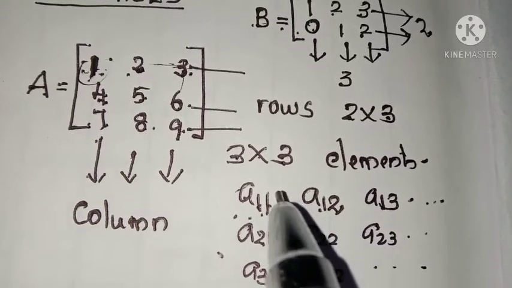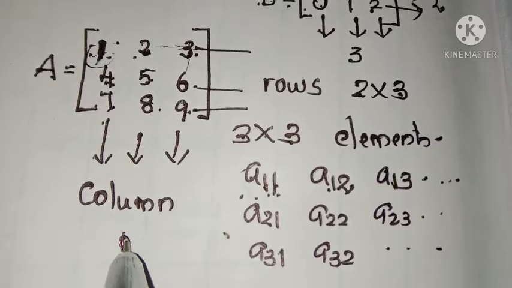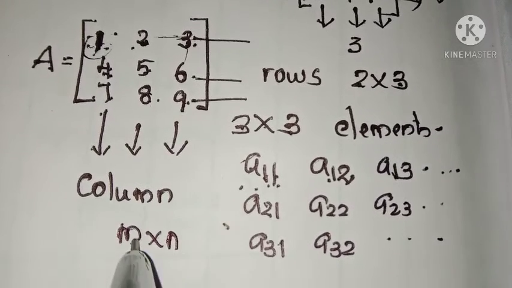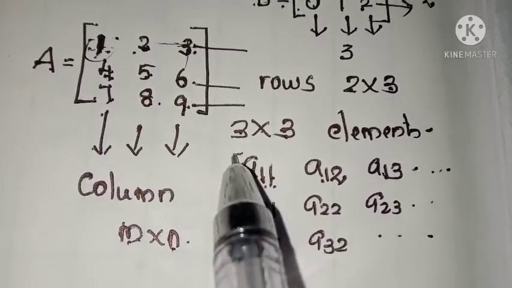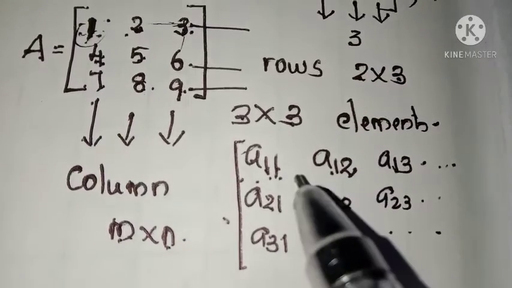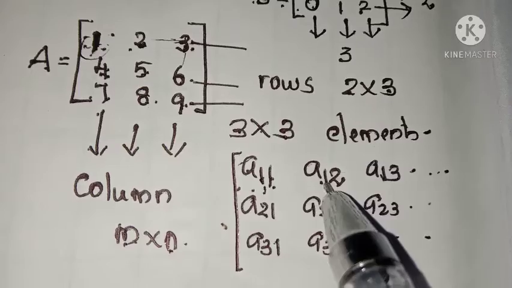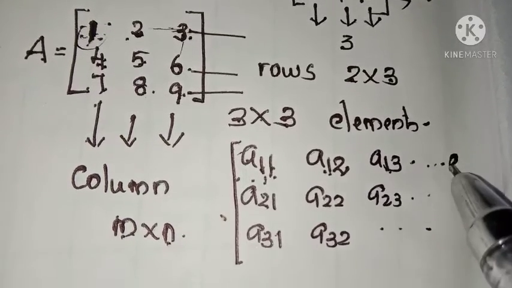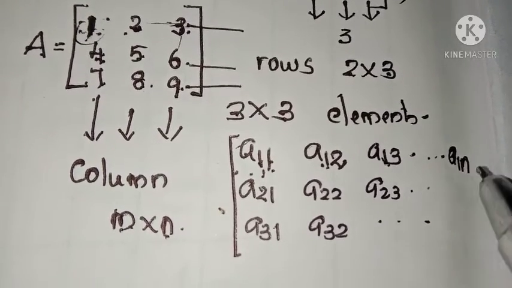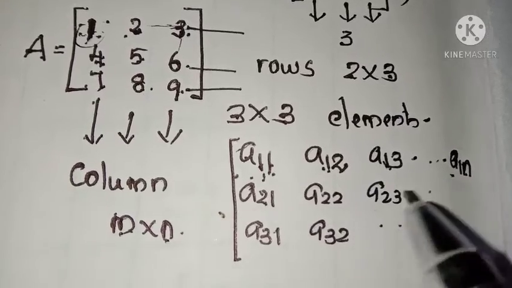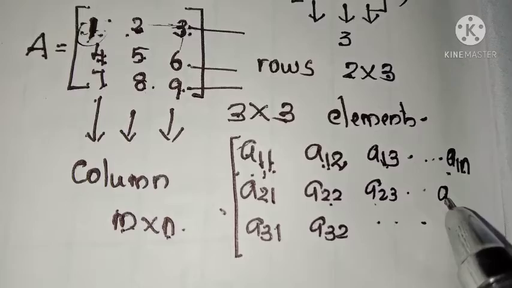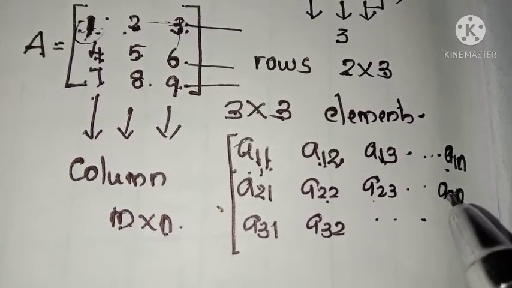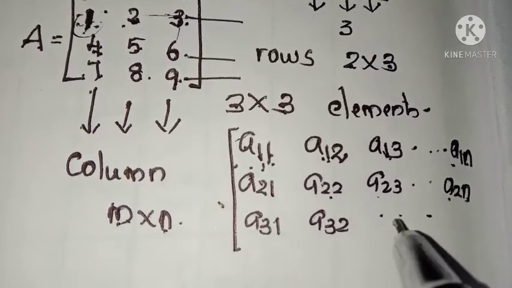Suppose we have a matrix of order m by n. m by n means m rows and n columns. So we can write the elements in general form as A11, A12, A13, etc., A1n, first row, nth column. A21, A22, A23, etc., A2n, second row, nth column.